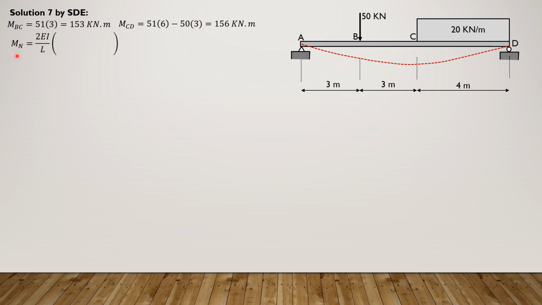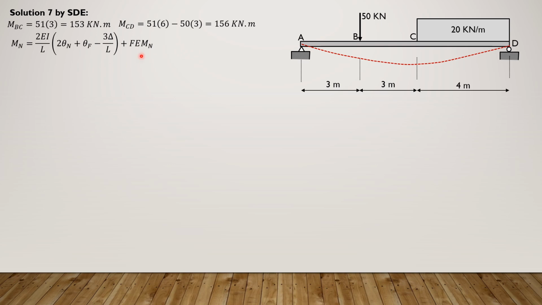So this is the formula. Moment near is 2EI over L times quantity 2 theta near plus theta far minus 3 delta over L, plus fixed moment near. If the far end has a specific value of moment, we use this.